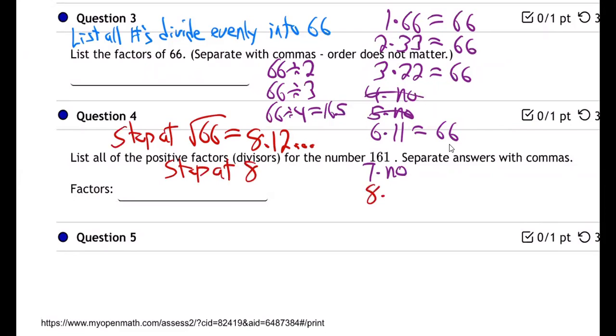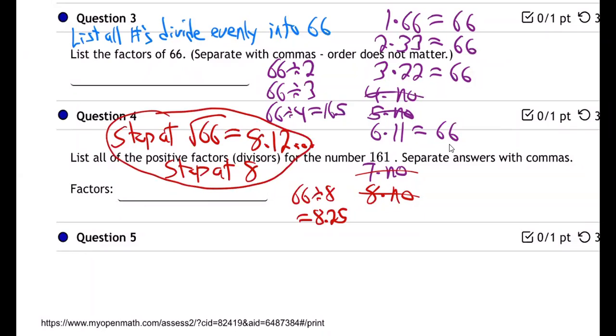So I have to do one more. 8 is a no. You try that on your calculator. If you take 66 divided by 8, it'll be 8.25, so it's a decimal. It's a no. Now I know this might seem kind of mysterious. Where did the square root come from all of a sudden?